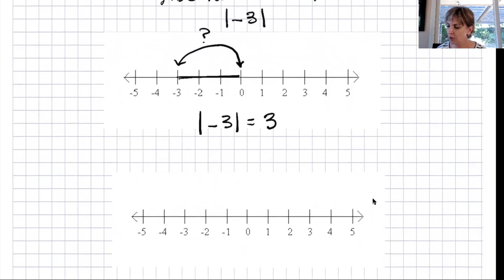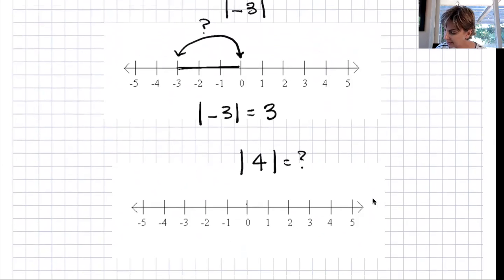Okay, what if I wanted to know the distance that 4 is away from zero? What's the absolute value of 4? How far is it from zero? We're talking about from 0 to 4.